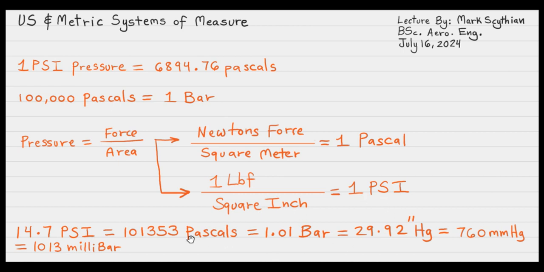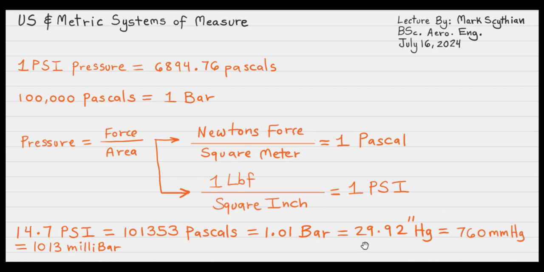Other cross US and metric equivalents: we have standard atmospheric pressure at mean sea level, 14.7 psi. This is equal to 101,353 pascals, and there are 100,000 pascals to a bar. So 101,353 divided by 100,000 is 1.01 bar. This is standard atmospheric pressure at mean sea level, 1.01 bar.